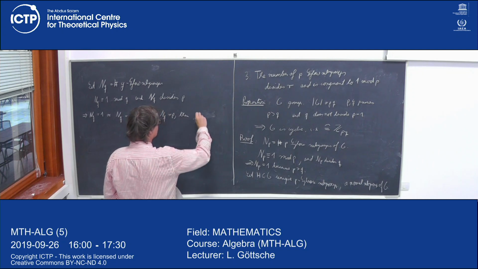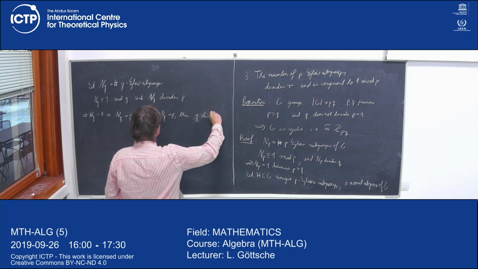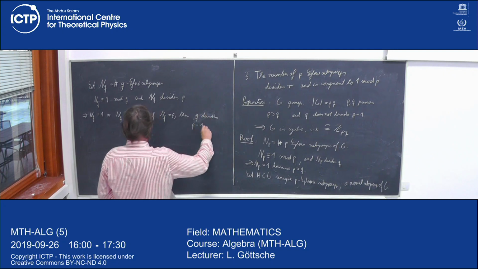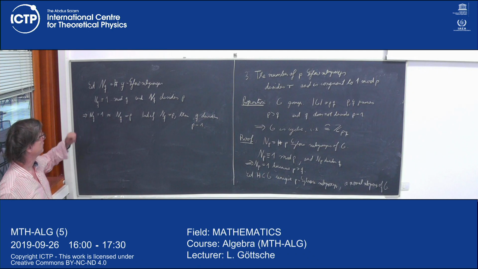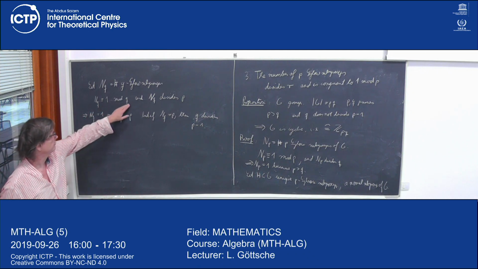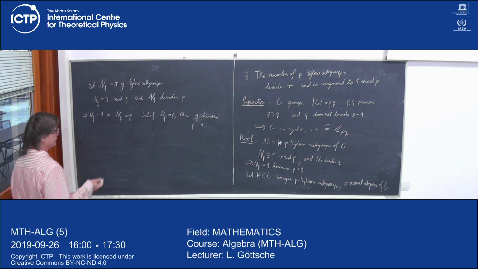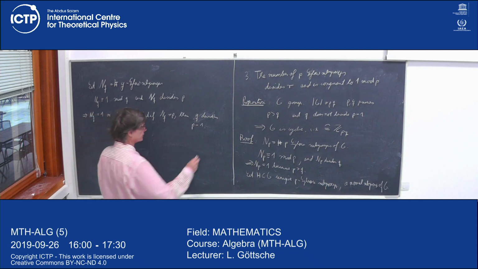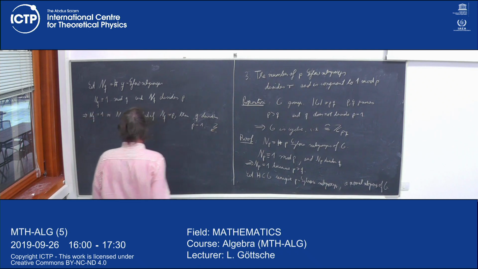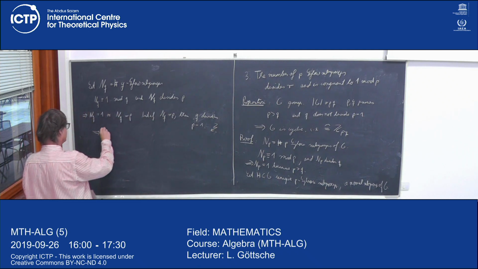Then Q divides P minus 1, because N^Q is supposed to be congruent 1 mod Q, which means that... So, which contradicts our assumption. So it follows also that N_Q is equal to 1.